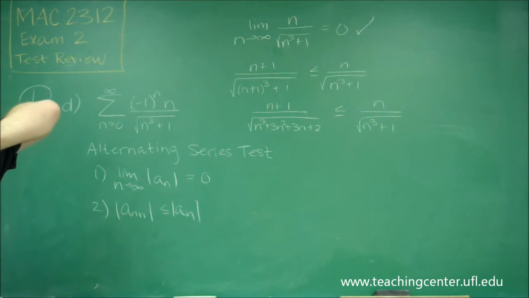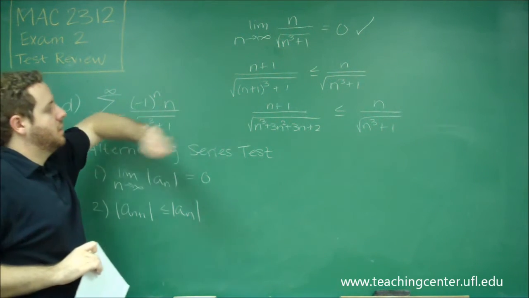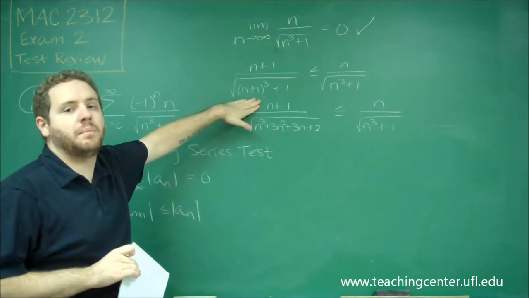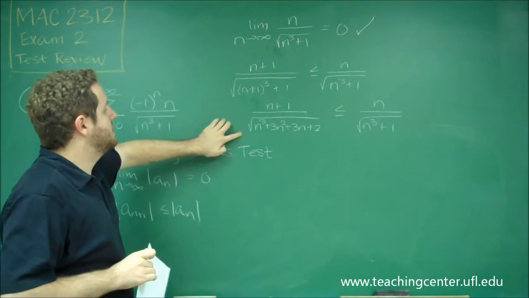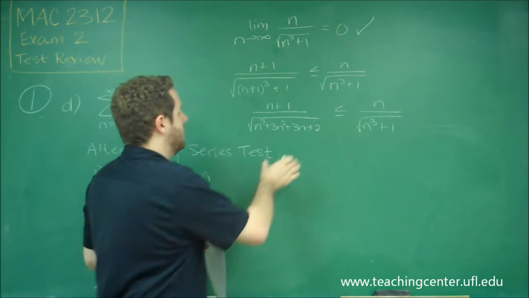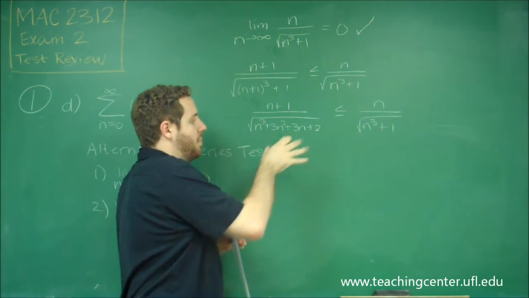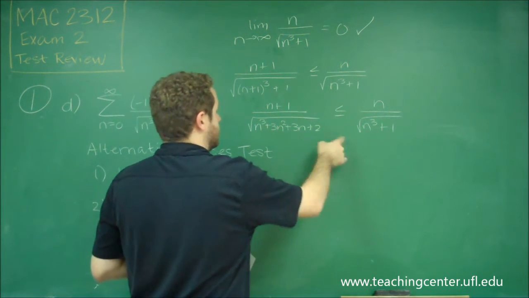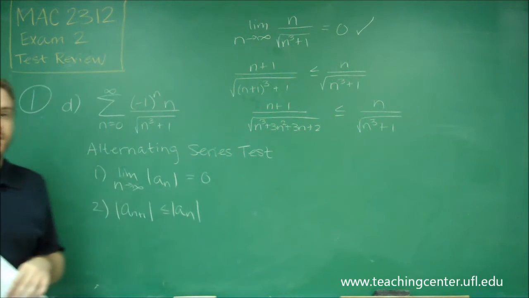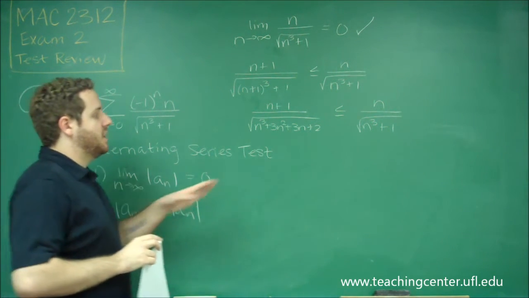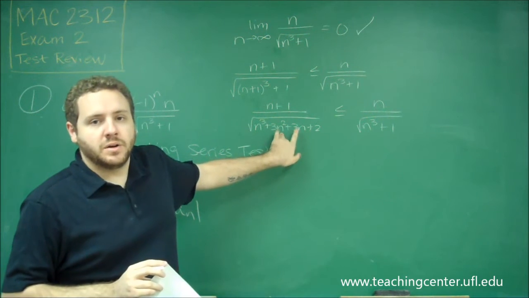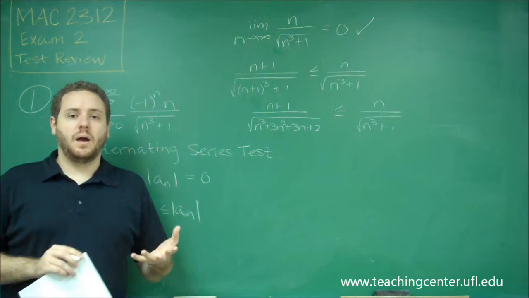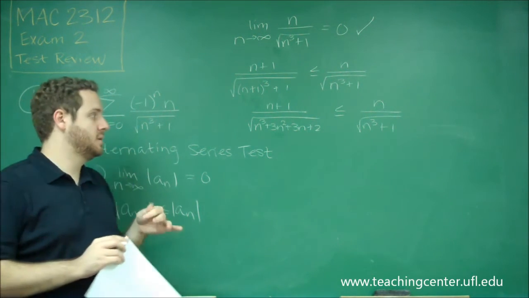So let's think about what's happening here. Every time we get to the next term, our numerator went up by 1. But our denominator went up by approximately the square root of 3n squared plus 3n plus 1, because all of this stuff got added into the denominator. You can think of adding a 3n squared under a square root as kind of like adding an n, because the square root of n squared has approximate degree of 1.